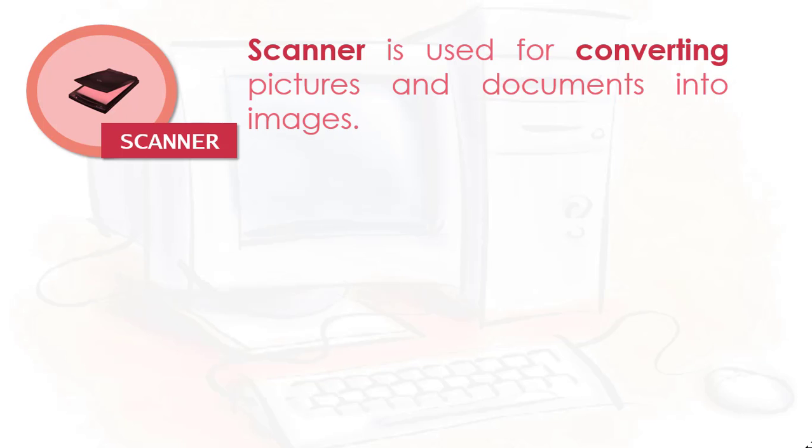The scanner does the same thing, but instead of taking pictures, we just scan the data, that is our notebook. After scanning our notebook, the scanner converts it into an image and stores it in the computer system. Means scanner is used for converting pictures and documents into images.